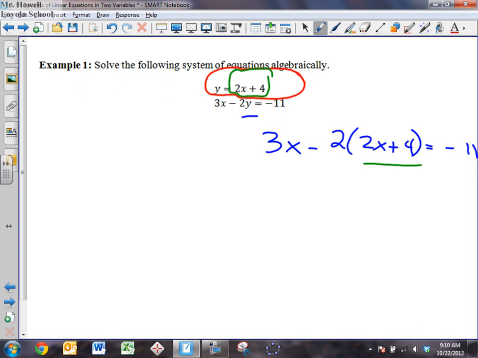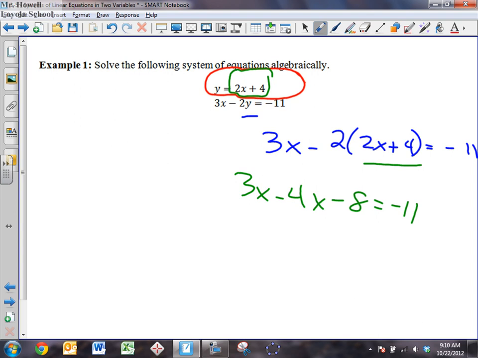How many variables do I have now? Just one. It shows up twice, but it's only one variable, and we solve. Let's solve this for x. Distributing the -2. We all agree with that? Again, the -2 needs to be distributed.